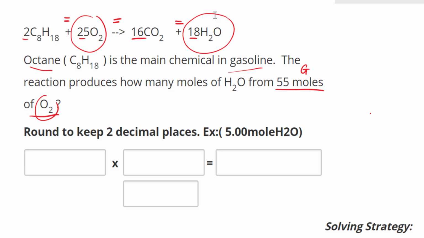Based on the problem, we determine which two chemicals we're going to work on. The ratio between water and oxygen is this: 25 moles of oxygen equal to 18 moles of water. And this is our conversion factor.